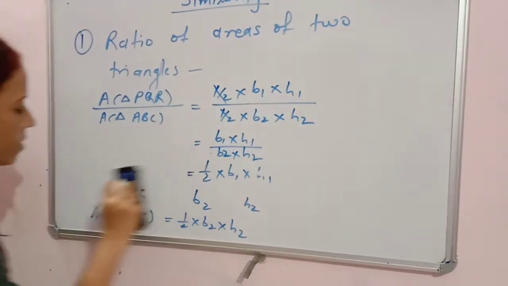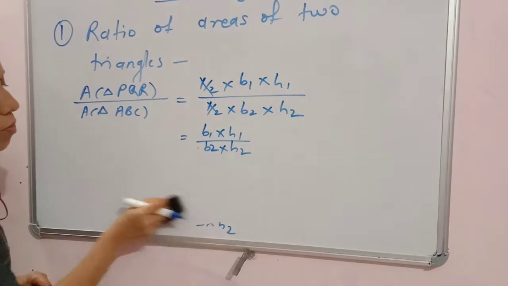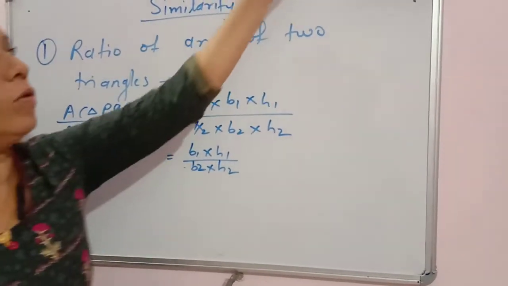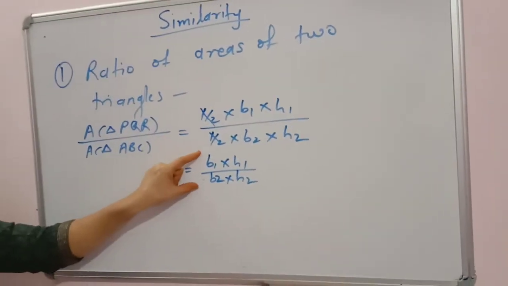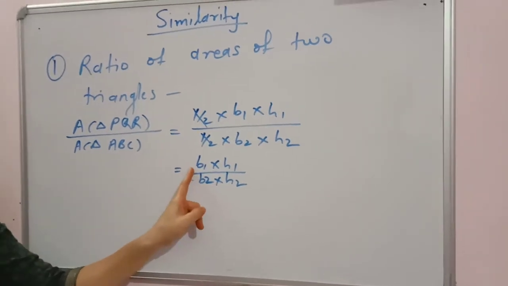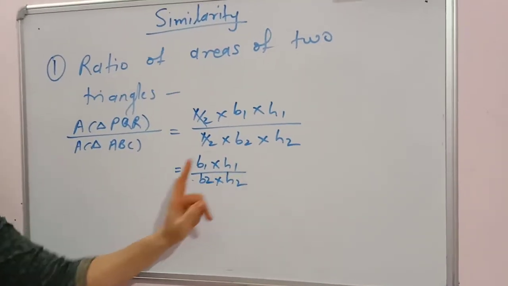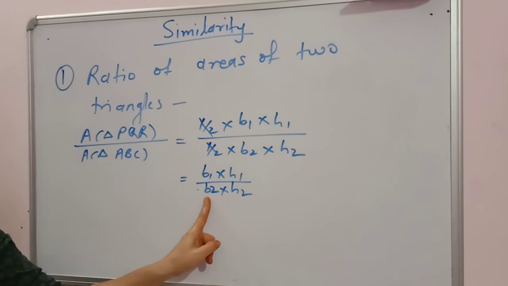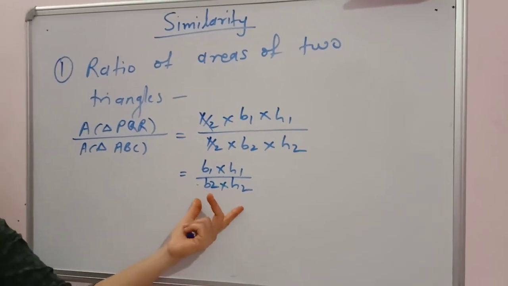So this ratio of areas of two triangles is equal to another ratio. It is the product of base multiplied by height, divided by the base and height of the other triangle.